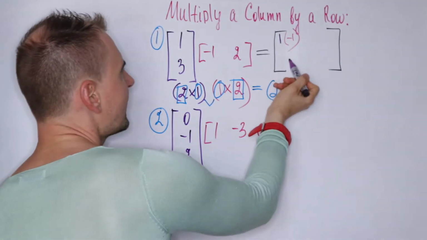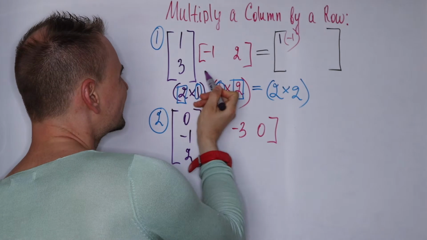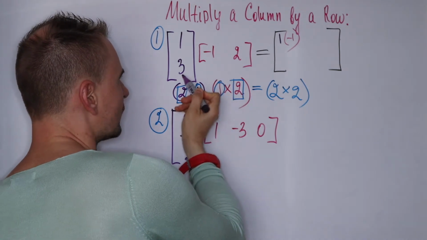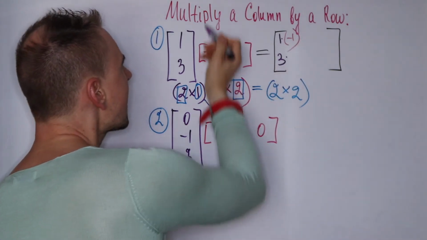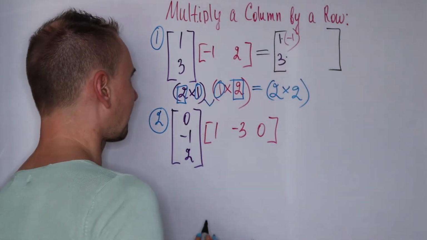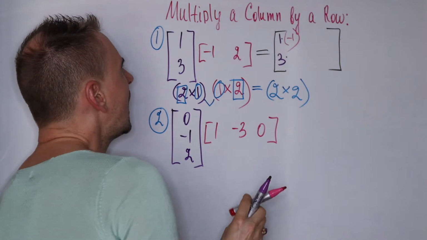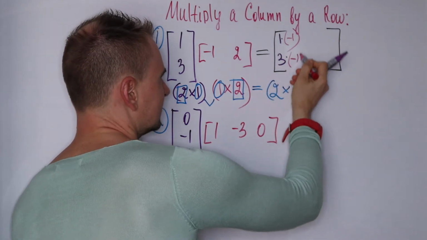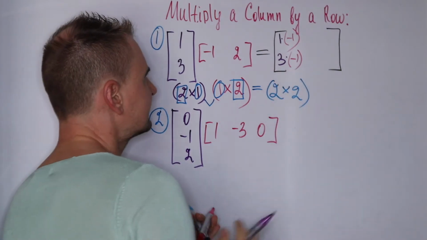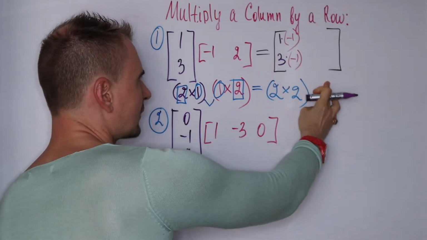Now, for that element, you take the second row of the first matrix, which is 3, and you multiply it by the first element of this row. So you multiply it by -1, basically. Now, let's fill out the second column.